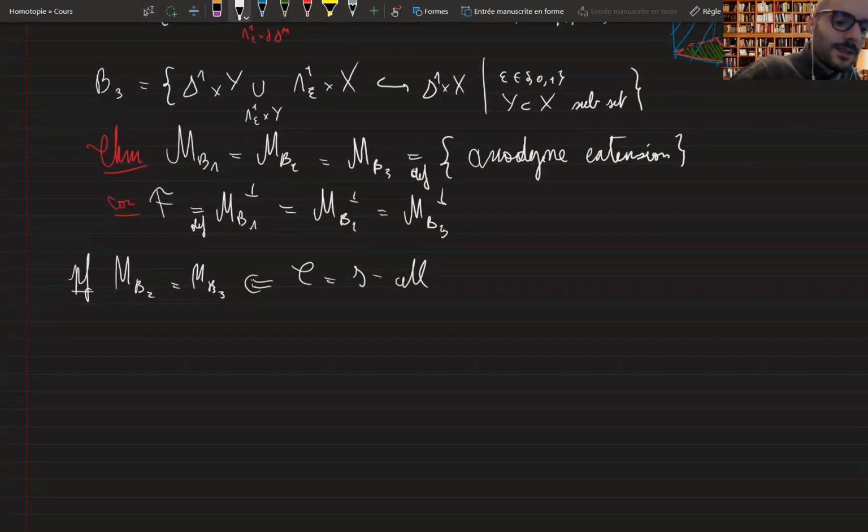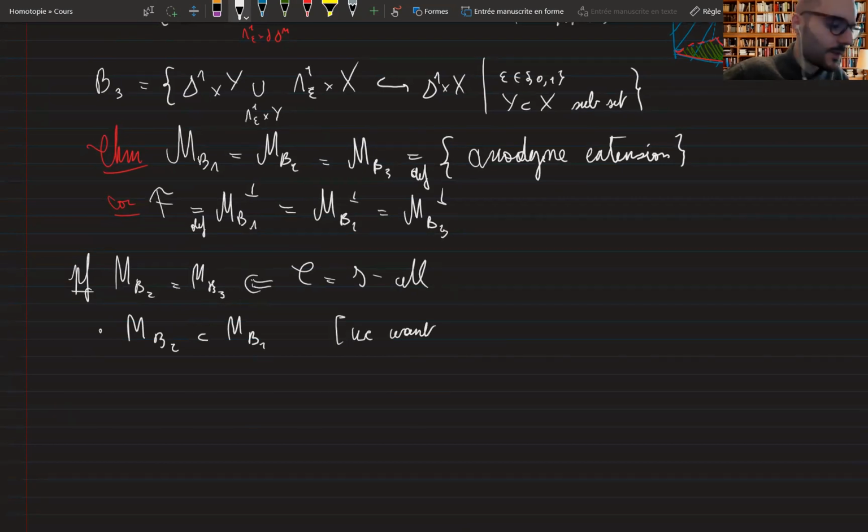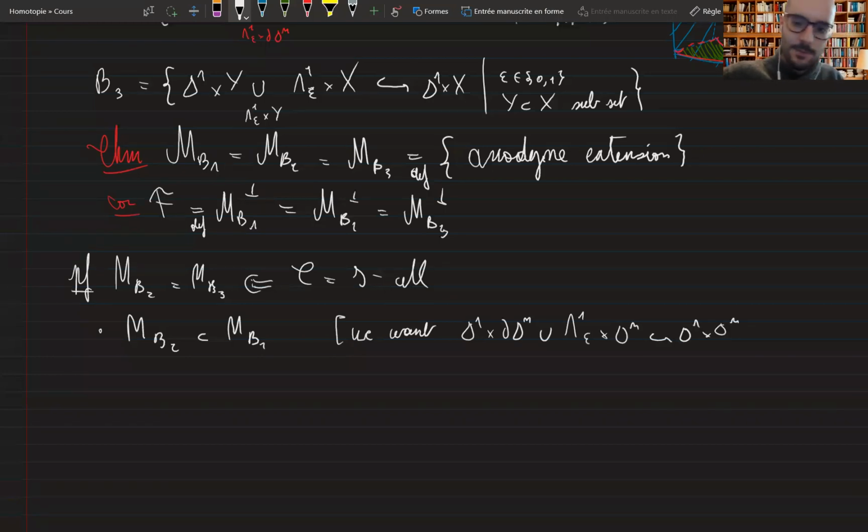So let us prove that MB1 is equal to MB. Let us prove that MB2 is included in MB1. So it's enough to show that delta 1 cross boundary union lambda 1 epsilon cross delta n included in delta 1 cross delta n can be written as something which is an MB1.